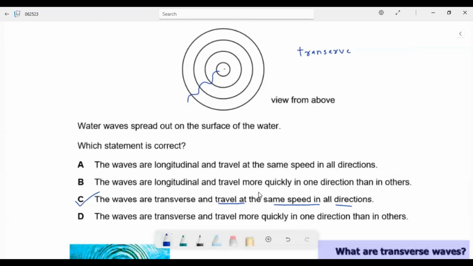Water waves on the surface are transverse, meaning the particles of the medium move perpendicular to the direction of wave propagation, and it spreads uniformly in all directions.